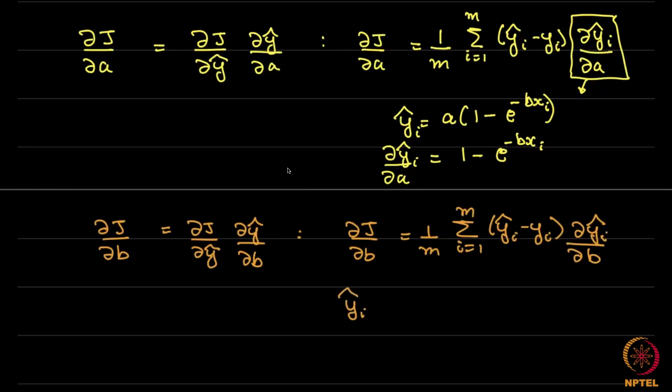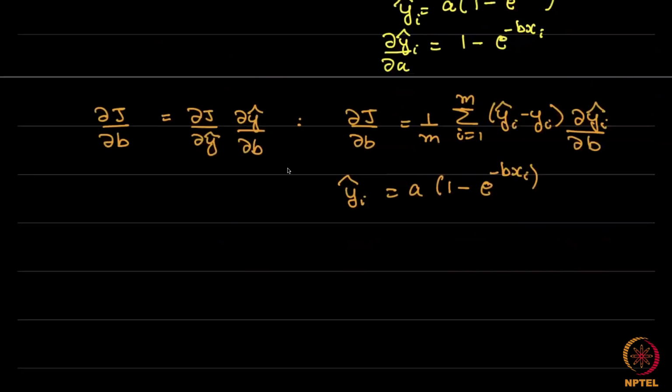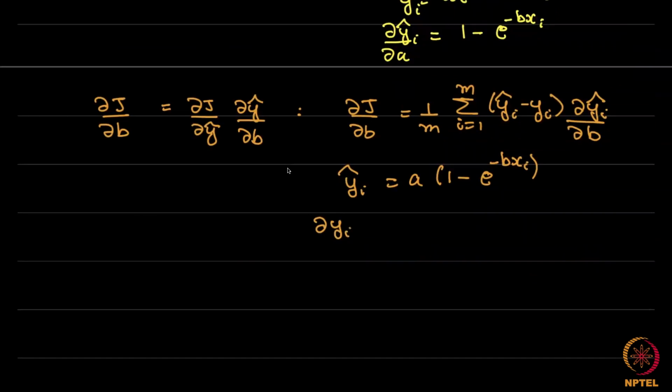Now, given that y hat equals A times 1 minus e to the power minus b x_i, del y hat del b equals A times. Now, this A is a constant because we are taking a partial derivative with respect to b.